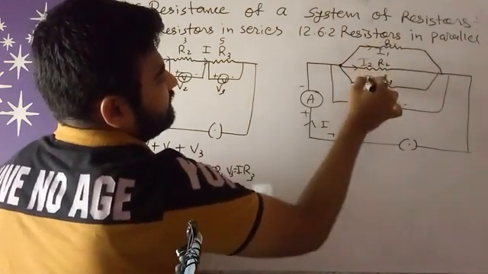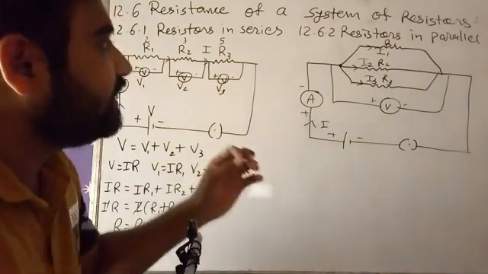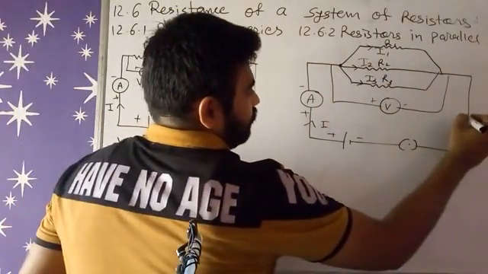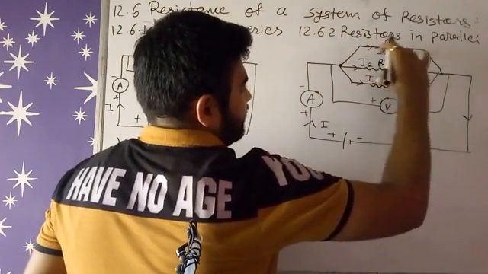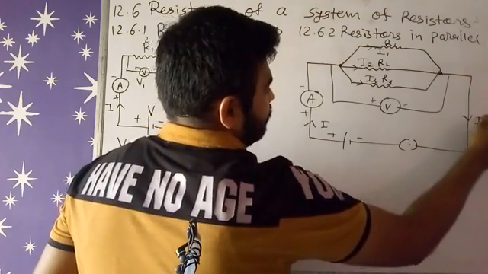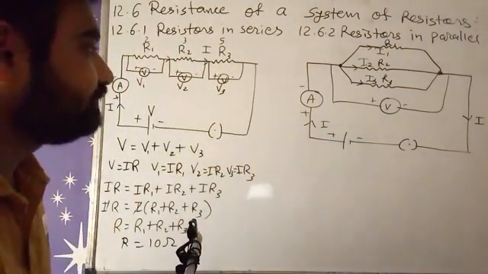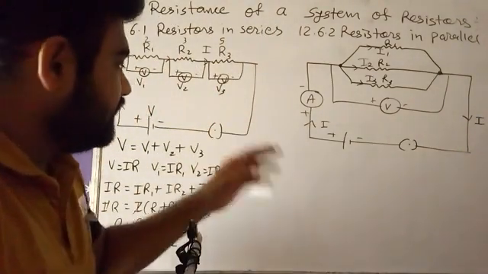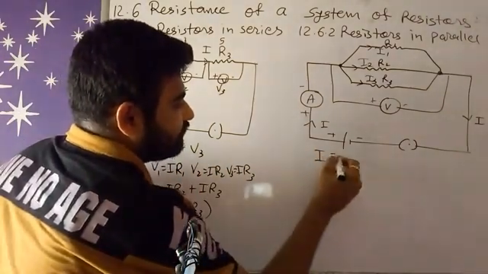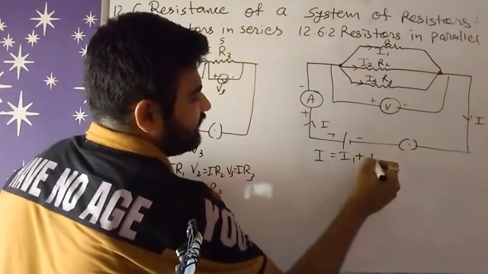So all these three lines have different values of current flowing through them. Now this current combines from here, and then we get the total current again, which is I. So here it starts from voltage, but here it starts from current values. So total current I is equal to I1 plus I2 plus I3.